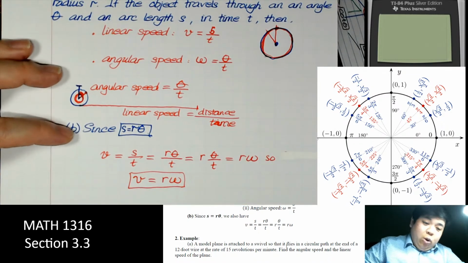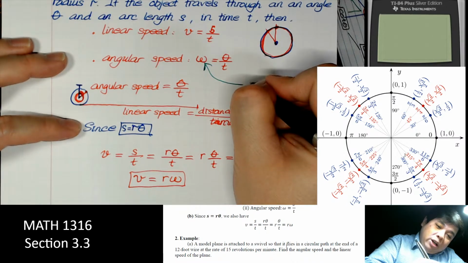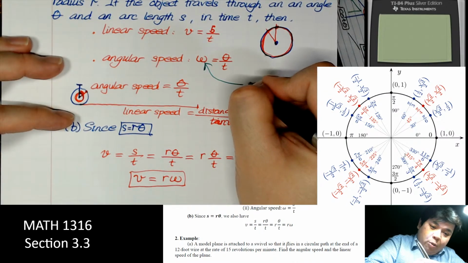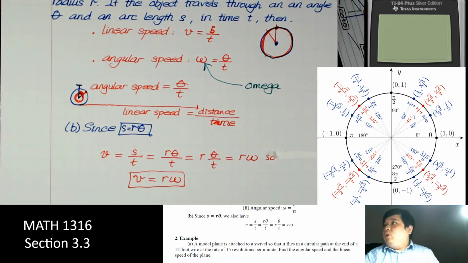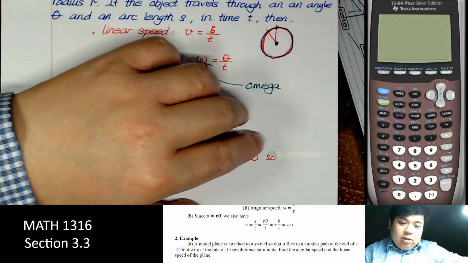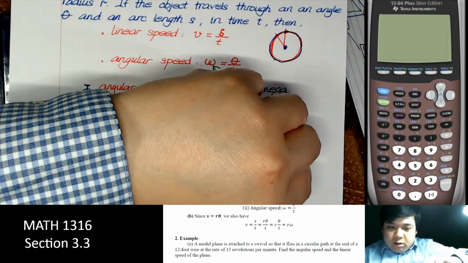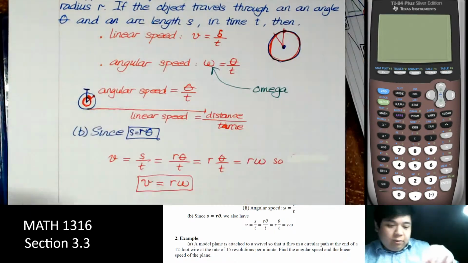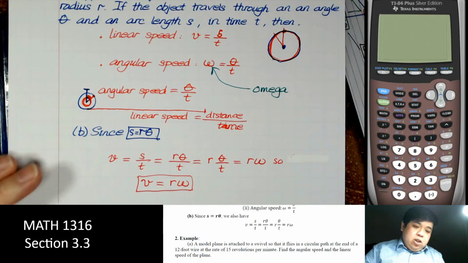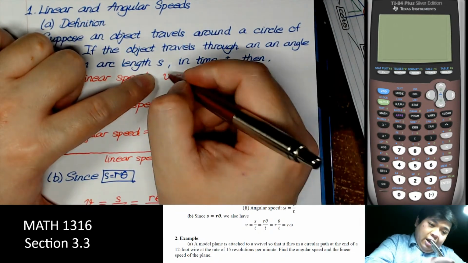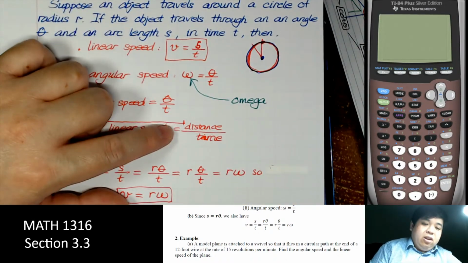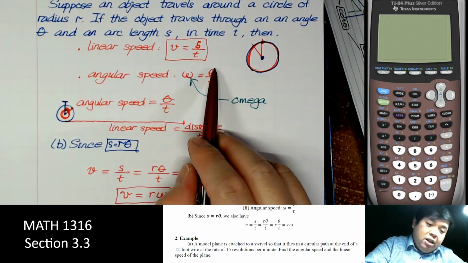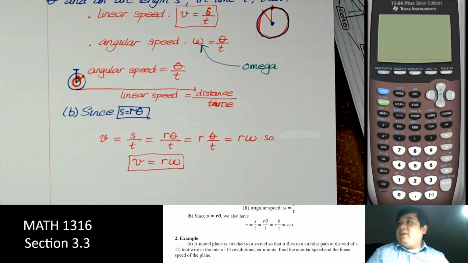By the way, the angular speed is defined to be omega, the Greek letter omega. I don't think we need the unit circle anymore. So linear speed is distance divided by time, arc length divided by time, and angular speed is angle divided by time.